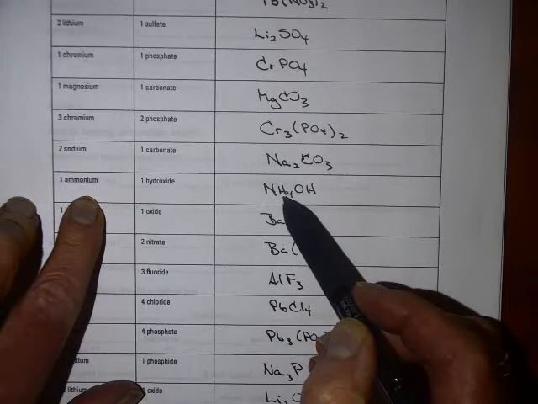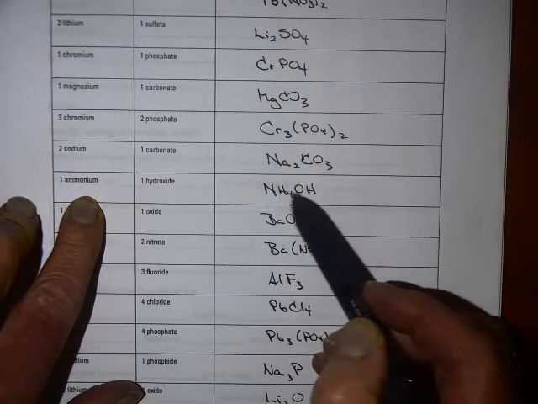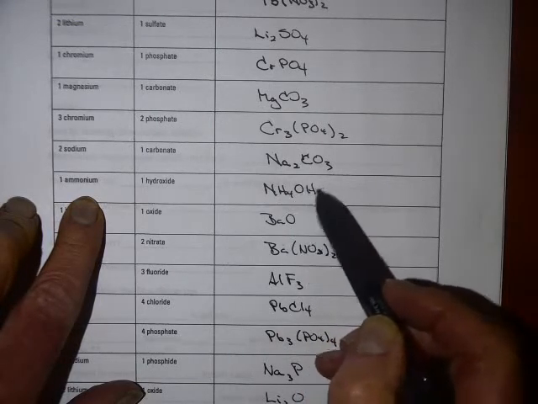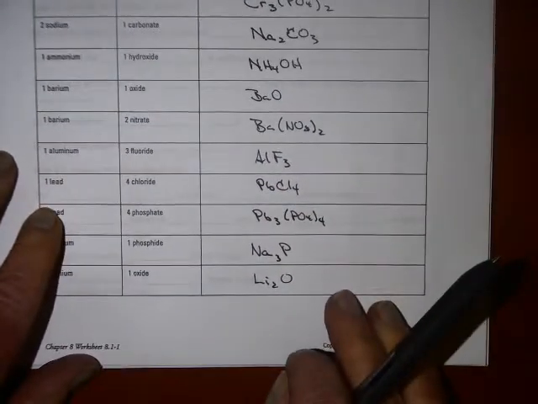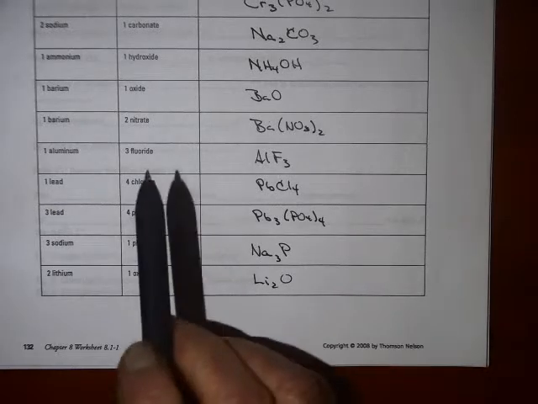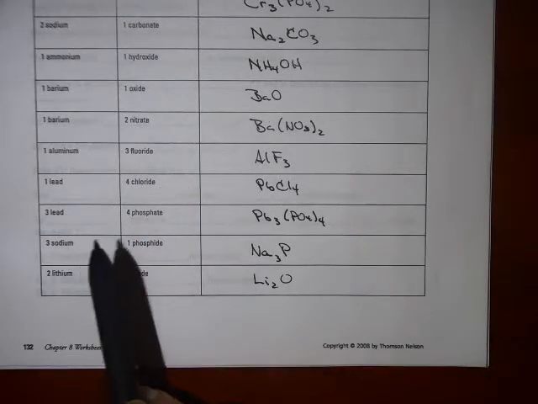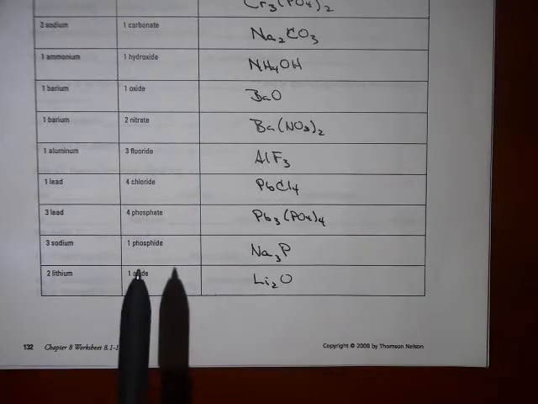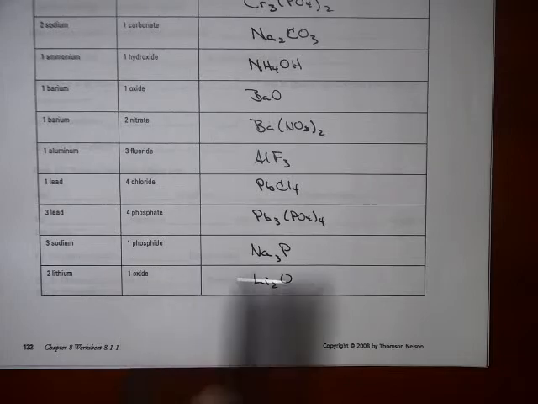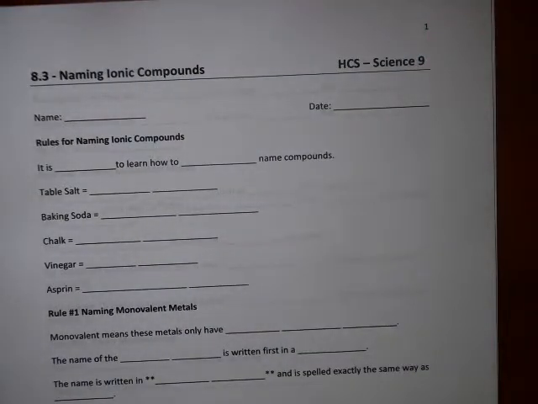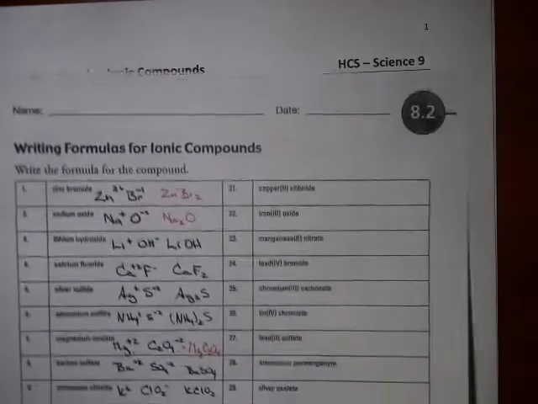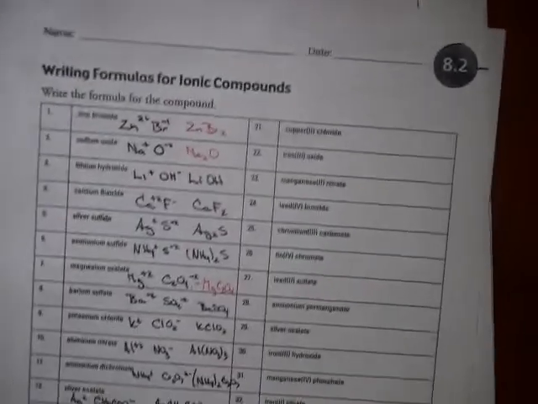Sodium carbonate is only 1, so notice there's no brackets, there's only 1. Similarly, ammonium hydroxide, 1 ammonium, 1 hydroxide, no brackets. And you can see the same thing with barium nitrate and lead phosphate. Okay, so that's the first one.